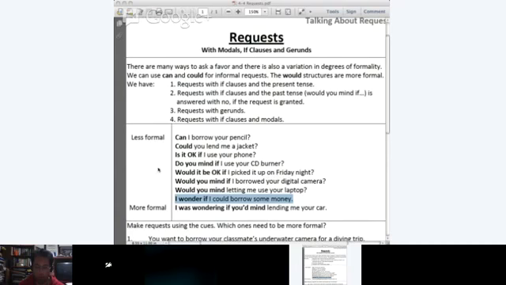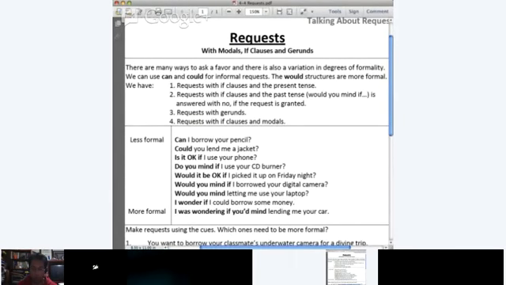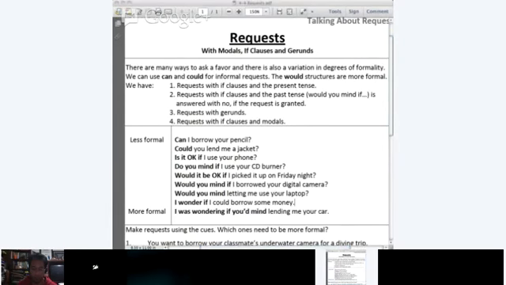All right, and the most formal request we have here: I was wondering if you'd mind lending me your car. They use modals, they use gerunds, they use an if clause. A very formal way. A little bit of everything.